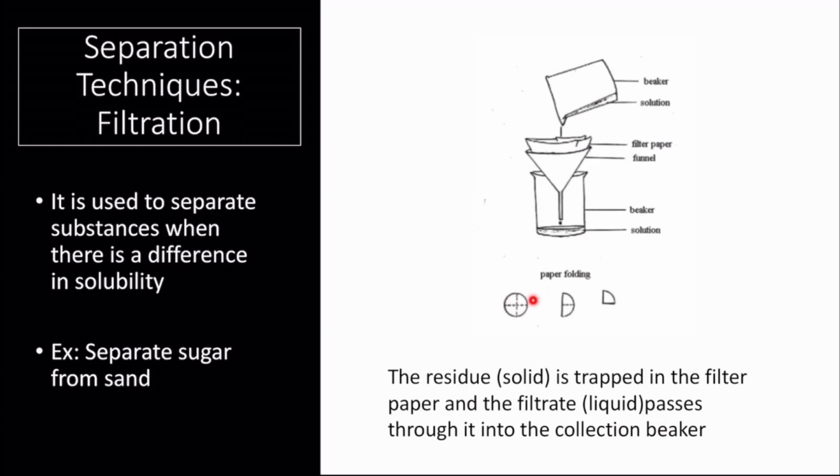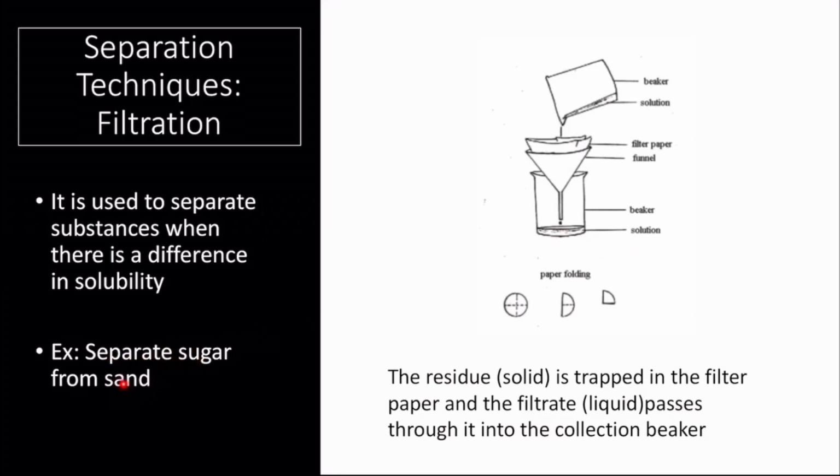The filter paper has micron-sized pores that allow water to go through, but do not allow the big particles to go through. So you're left with residue solid trapped in the filter paper, and the liquid passes through it into the collection beaker.